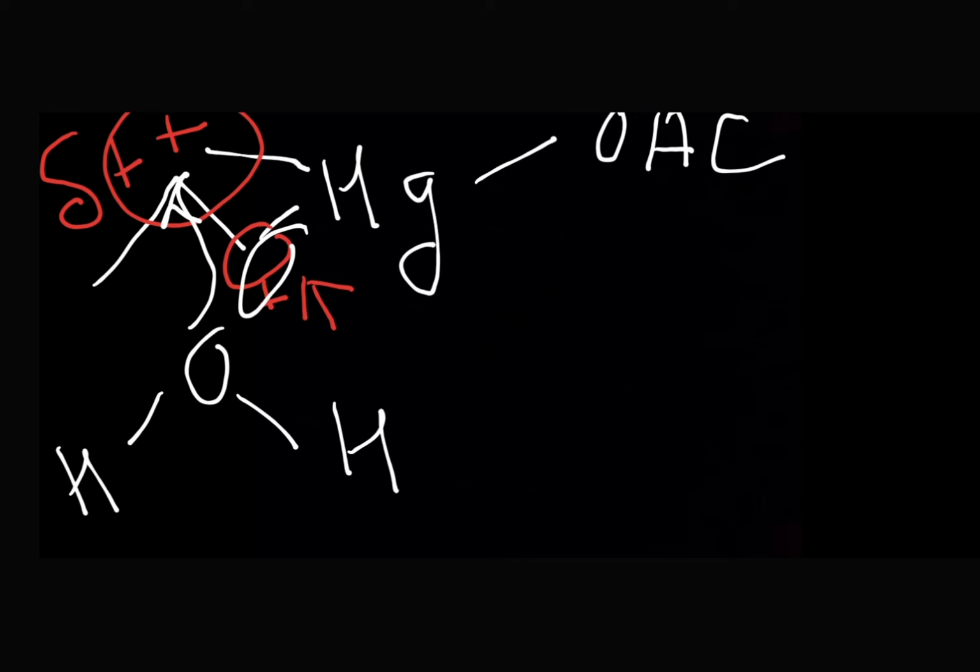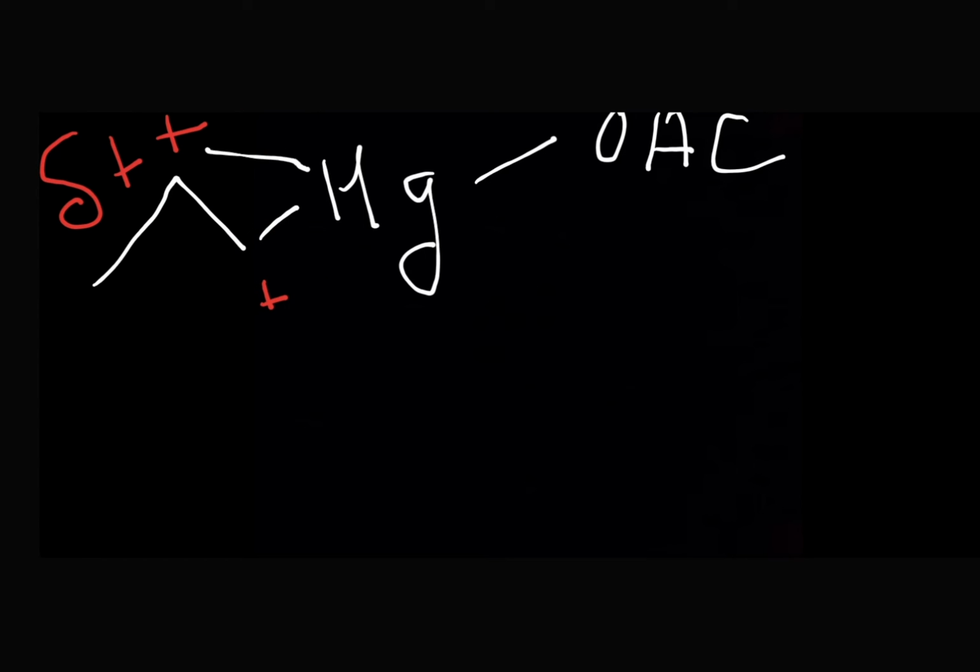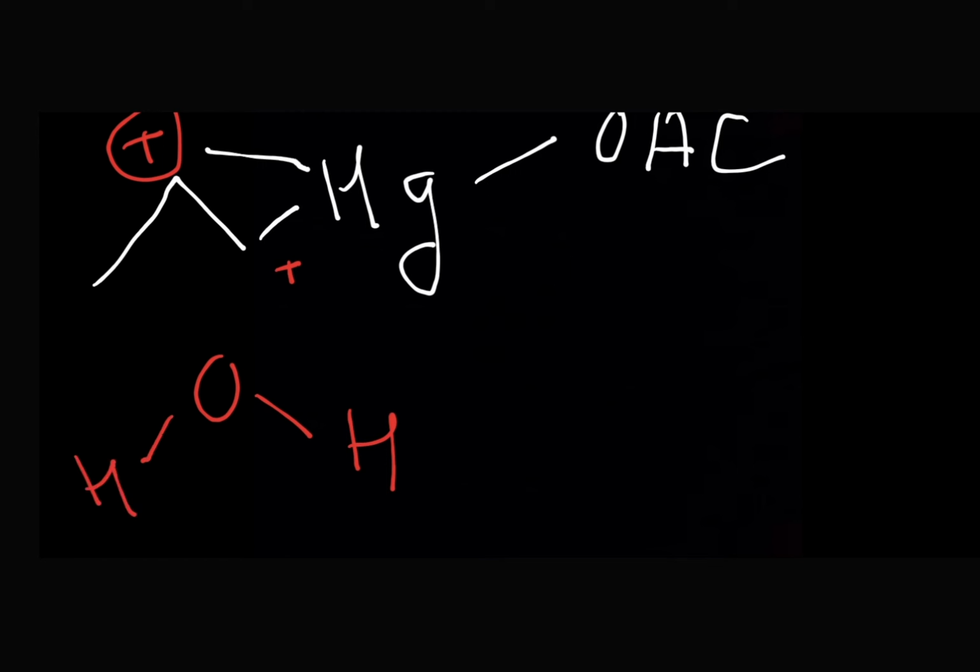So what we'll get is, oh my god, this is so messy. Let me do this. Since this is more positive, this is positive, but this is slightly more than that one. So here is our water molecule with its lone pairs of electrons.